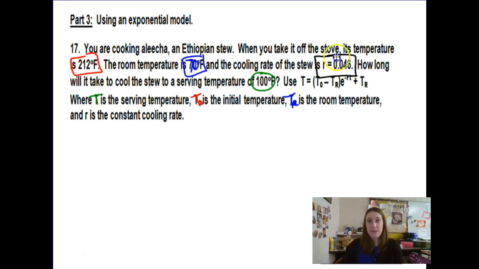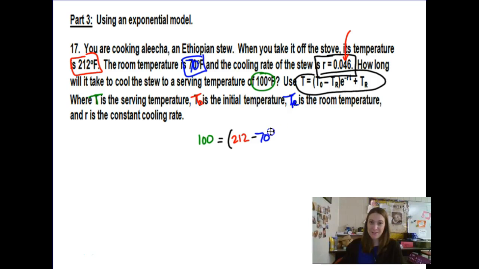And we know the rate because someone did a calculation, didn't they? It's 0.046. So using this equation, which is Newton's law, the final serving temperature was 100. So I'm going to set up 100 equals the initial temperature, which was 212, minus the room temperature, which is 70.